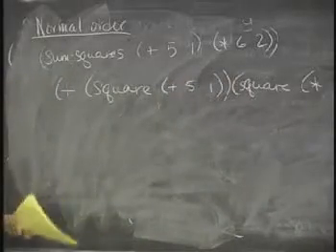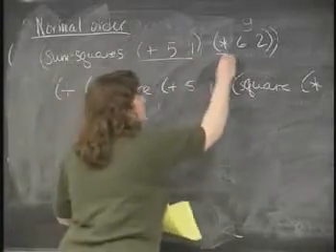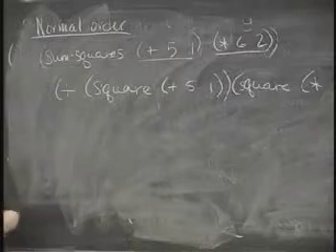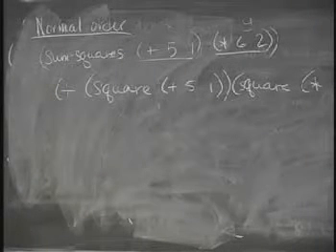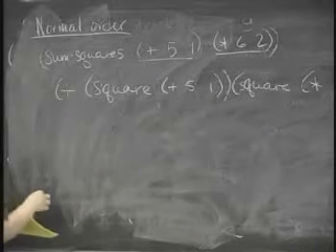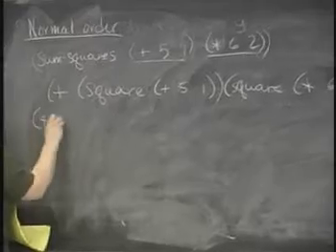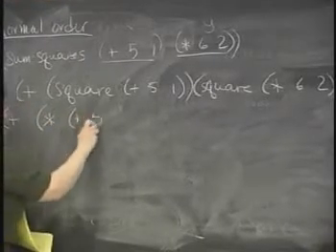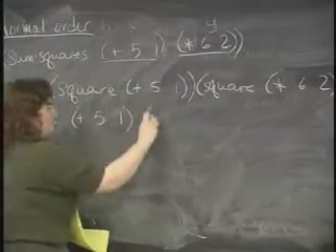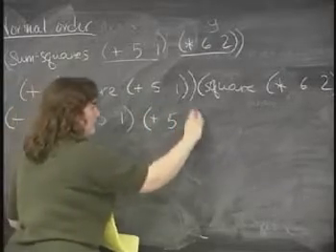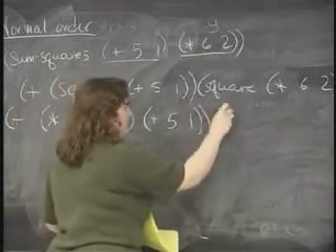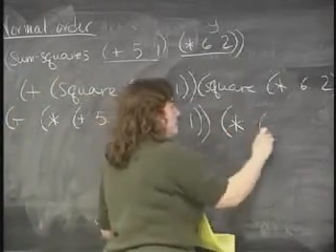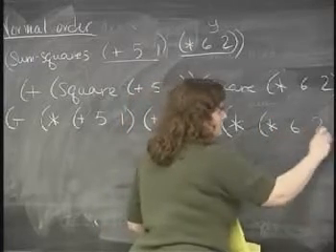So we haven't evaluated this or that. We're going to wait until we need it. Right now, we're just going to substitute that expression in. This expands out to times plus 5, 1, plus 5, 1, times 6, 2.